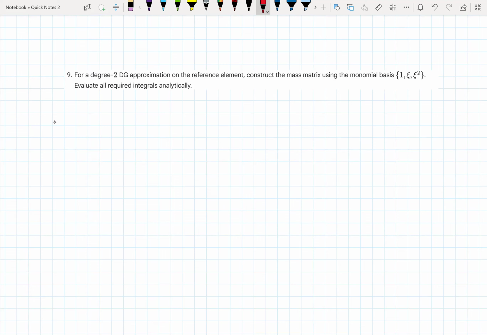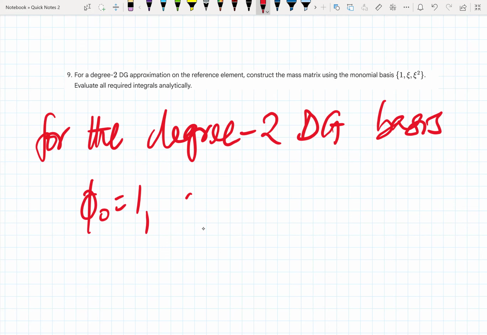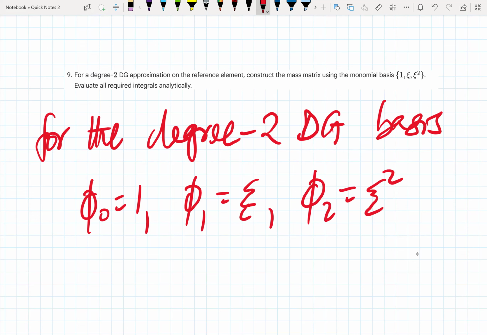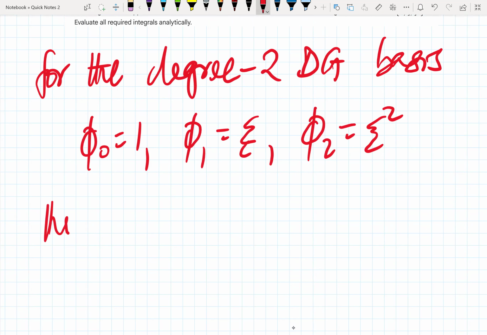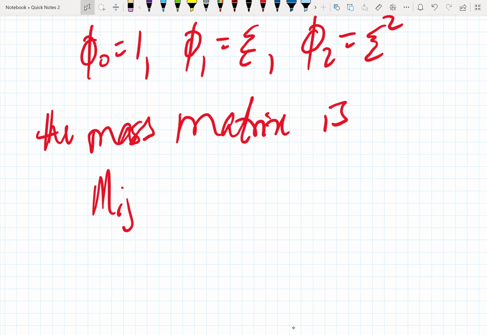For the degree 2 discontinuous Galerkin basis, phi naught is 1, phi 1 is psi, then phi 2 is psi squared. The mass matrix is M sub ij equals the integral from -1 to 1 of phi i phi j, of course, of psi.